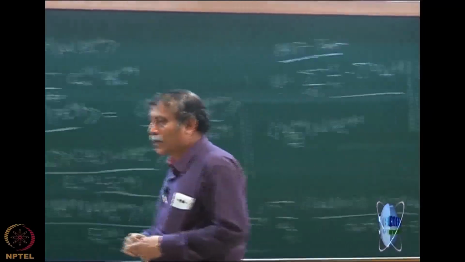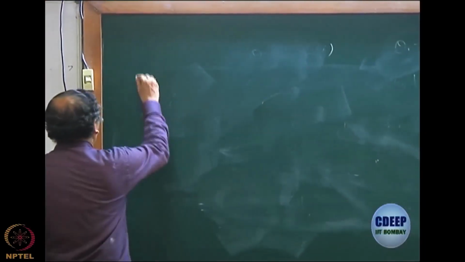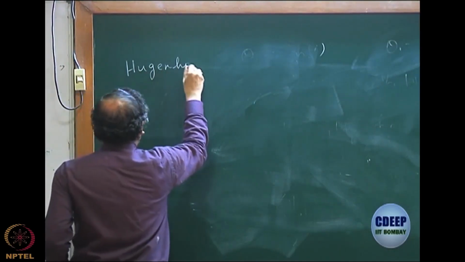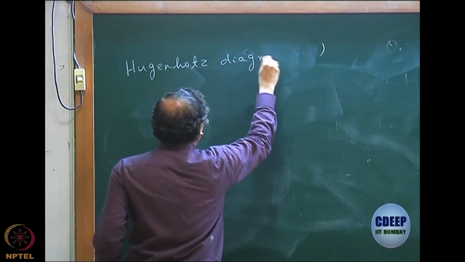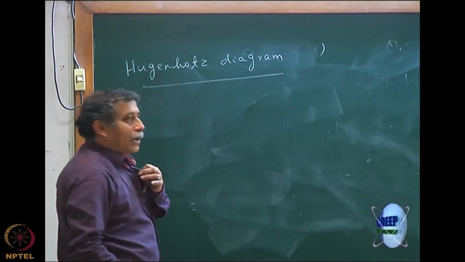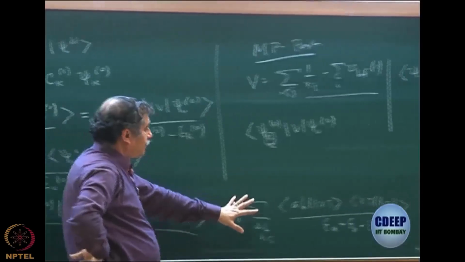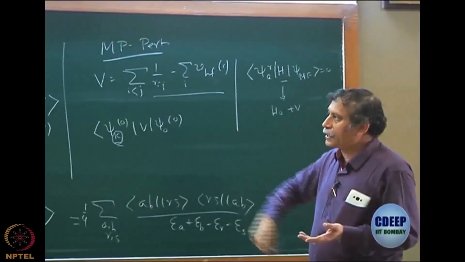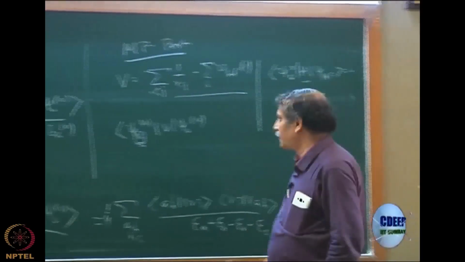What we are going to do is one of the simplest diagrammatic conventions, and for this course we will just stick to that, and that is called the Hugenholtz diagrams. I first want to show you how this expression can be written in terms of diagrams. There have to be some rules, so that from the diagram I can get back this expression, and then we will see how to proceed further.